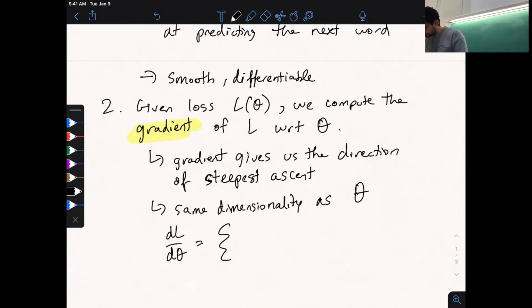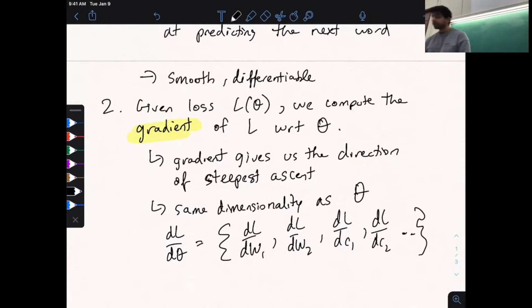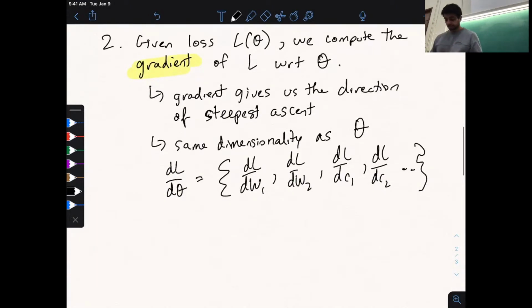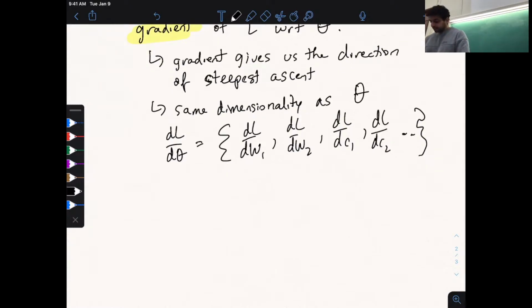Well, it's also a set of dL dW1, dL dW2, dL dc1, dL dc2, and so on. So it's the partial derivative of this loss function with respect to all of the individual parameters of the network. And the gradient is just a set of all of these partial derivatives together.